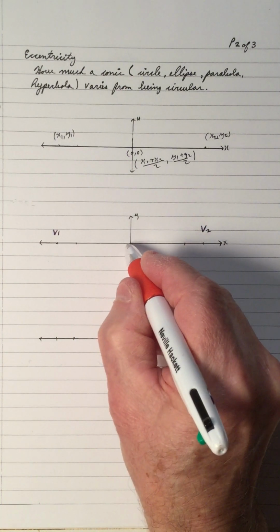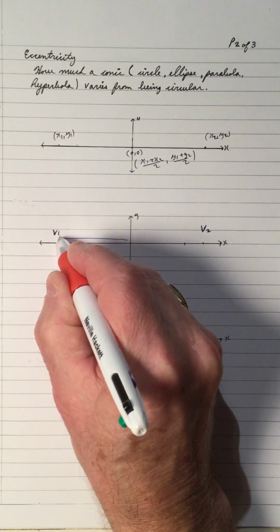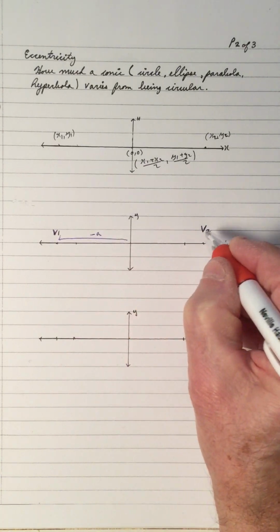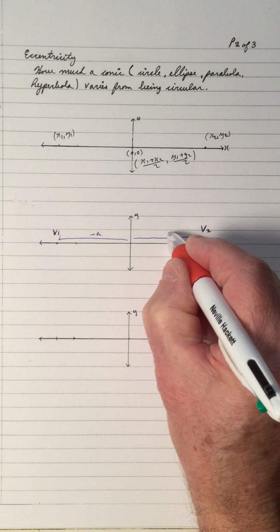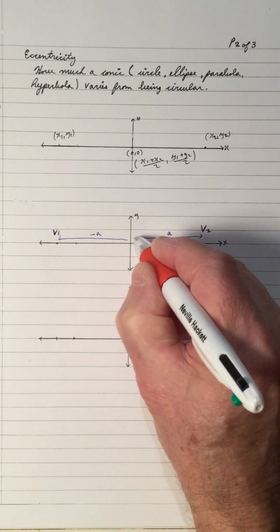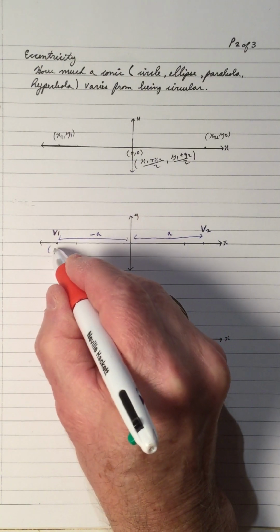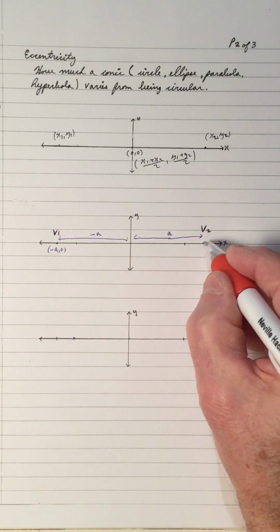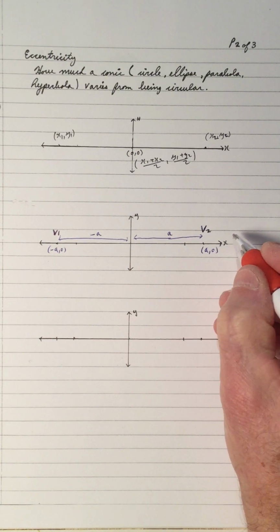If you take the distance from here to the center and call it negative A, and the distance from the center to there and call it A, then the coordinates of this point are negative A, comma 0, and the coordinates of this point are A, comma 0.